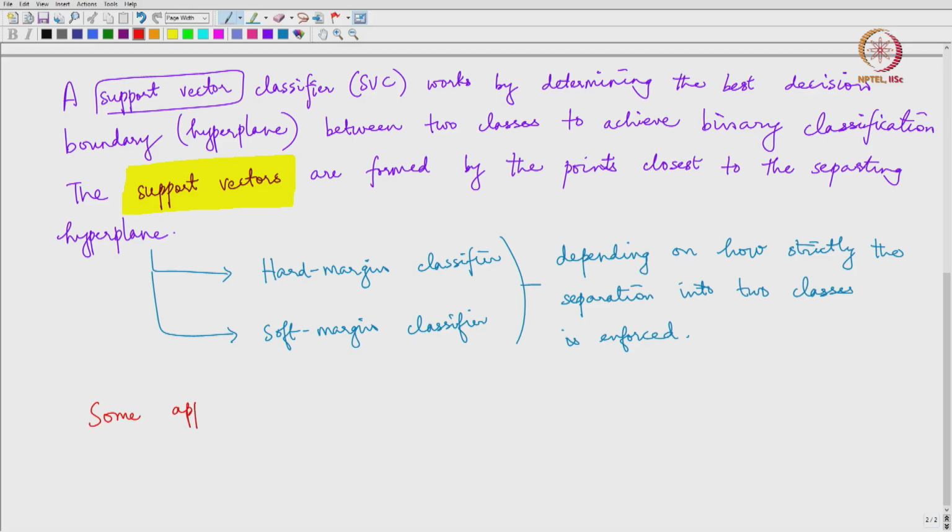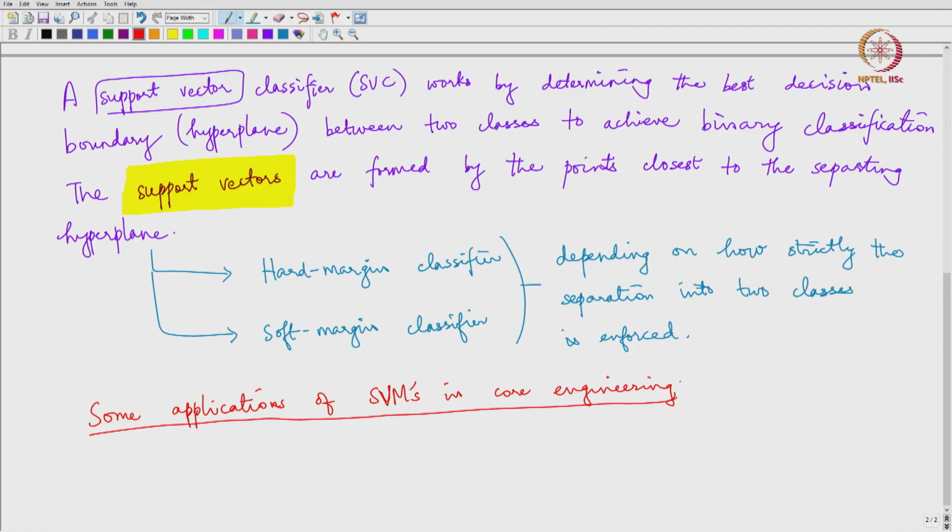So, these are some potential applications of support vector machines in core engineering. And like I always mention, these examples are indicative, right, they may or may not be actually employed, but this is just so as to make you think, and then you can go and try to deploy some of these in your own engineering discipline.